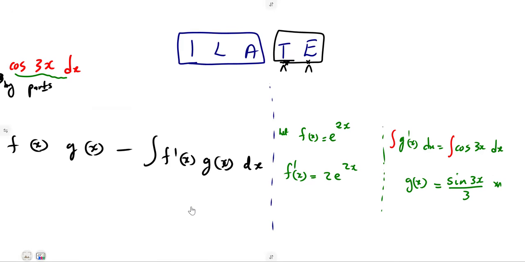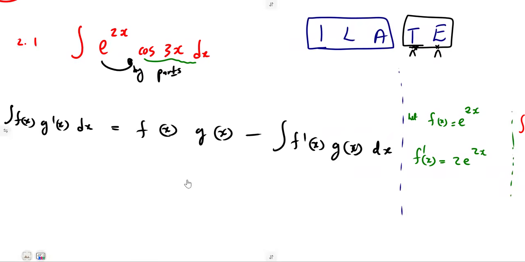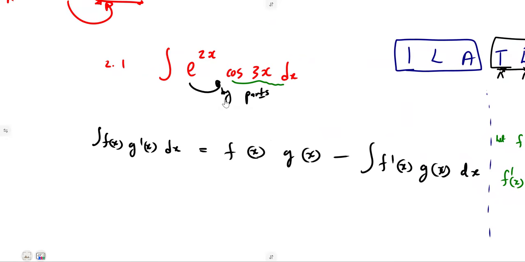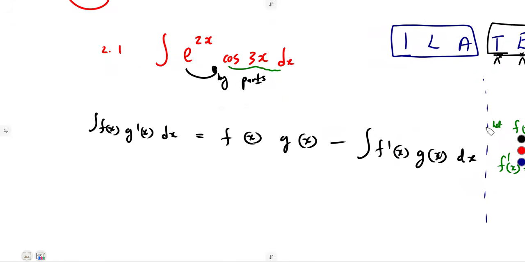And another thing, we do understand that whenever we're dealing with an exponential and a trigonometric, we must integrate twice, actually. Okay, this is just going to happen on its own. Let us see, guys. The integral of e to the exponent of 2x cos of 3x dx is equal to what?